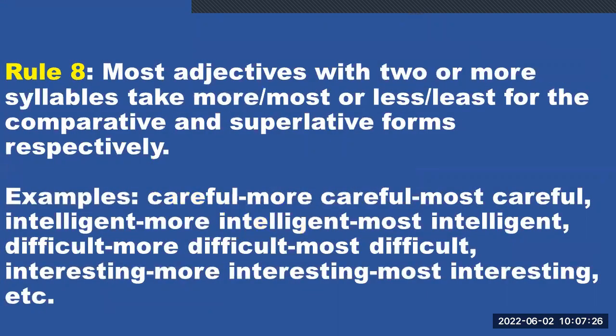Rule number 8: most adjectives with 2 or more syllables take more or most, or less and least, for the comparative and superlative forms respectively. Examples are as follows: careful, more careful, most careful; intelligent, more intelligent, most intelligent; difficult, more difficult, most difficult; interesting, more interesting, most interesting, and so on and so forth.